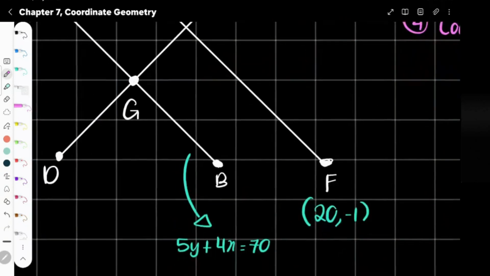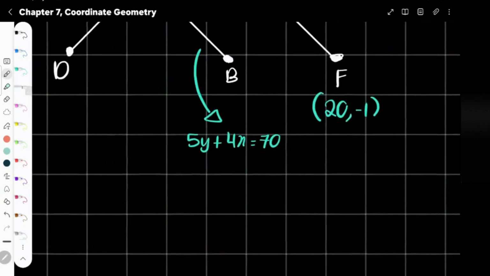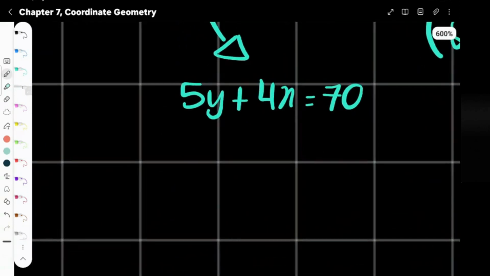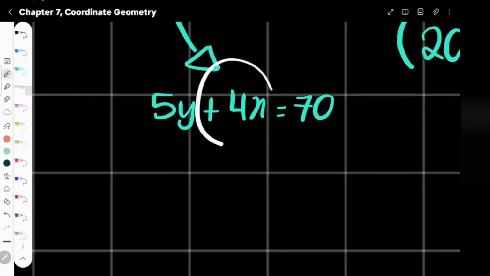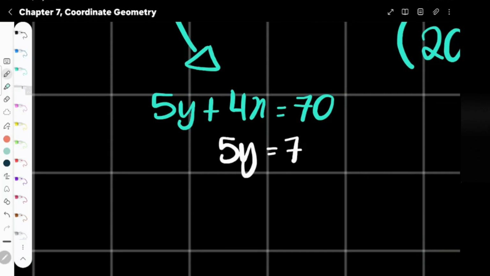Again, always turn it into y equal to something. Just do it, even if you are stuck on the question. Always turn this into y equal to mx plus c. So let's do that. We are left with 4x here, and we do not want the 4x, so we move the 4x to the right side and it becomes minus 4x.